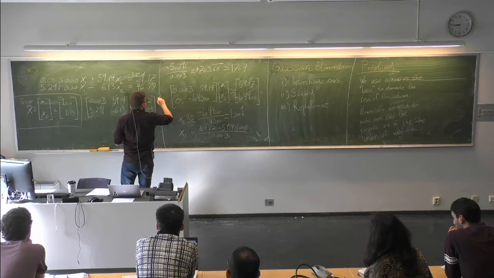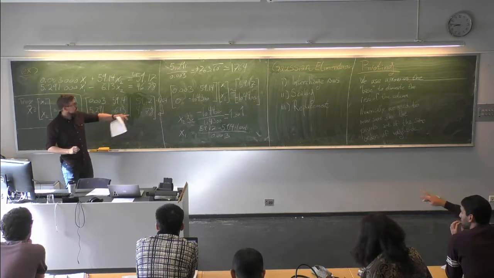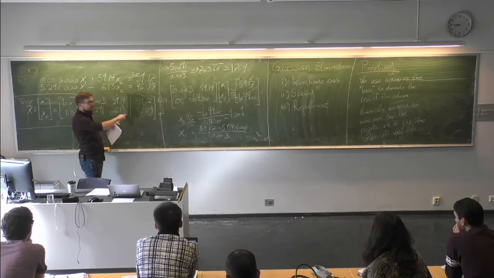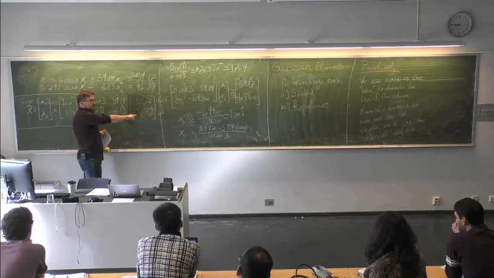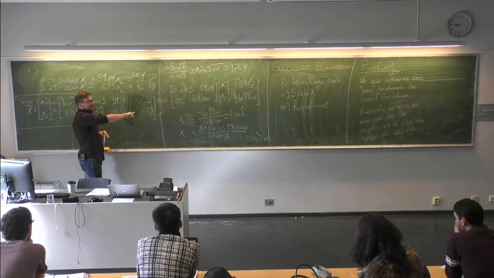Then you do the minus 1764 this. That's why you get these large numbers. Just for this row. This is just regular Gaussian elimination.